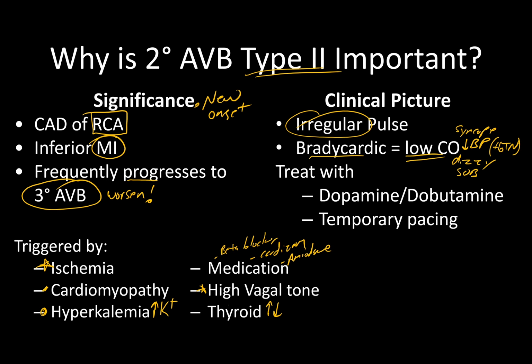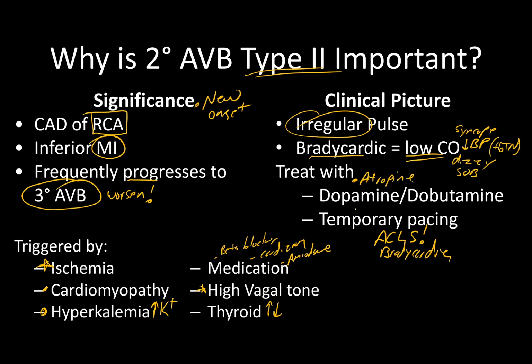What do we treat with? Well, ACLS is the big one, the bradycardia pathway, to where you're actually going to treat with atropine if you can get it in quickly enough.